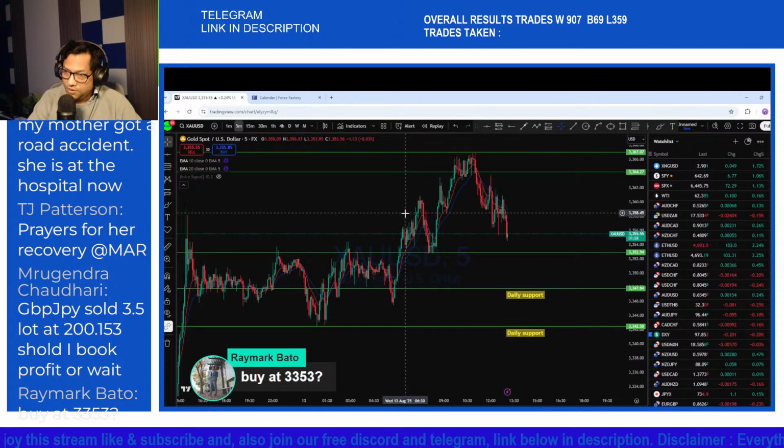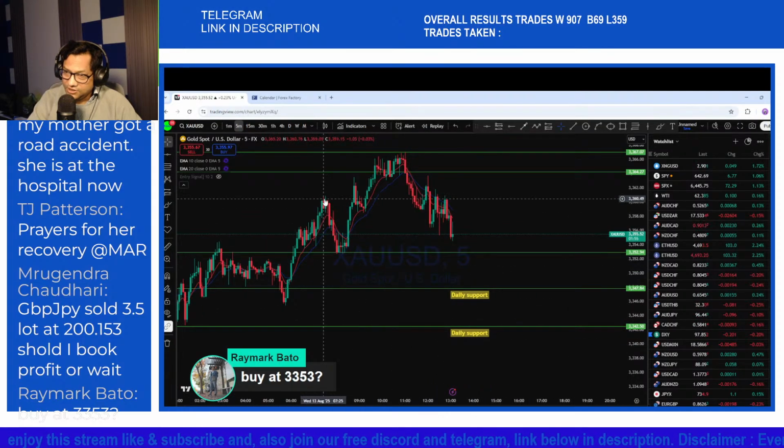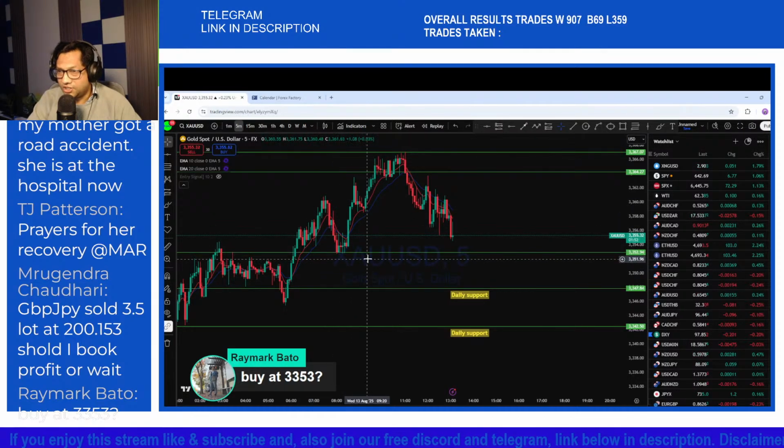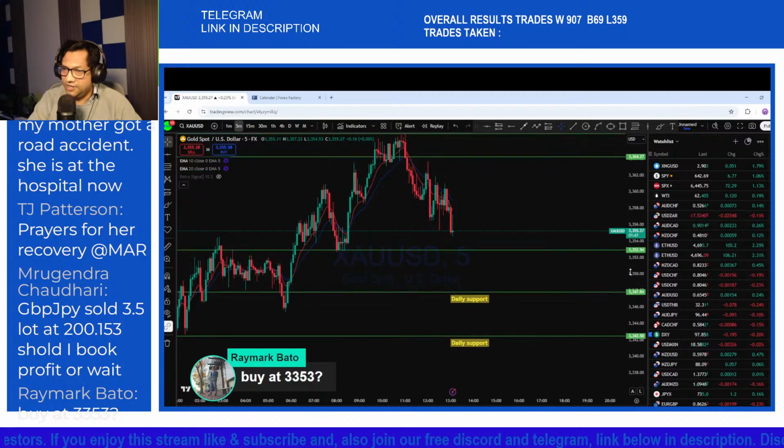There's a move, pullback, and like this one here, we can see the market has broken from the structure with one single move and returned back again to the upside here.